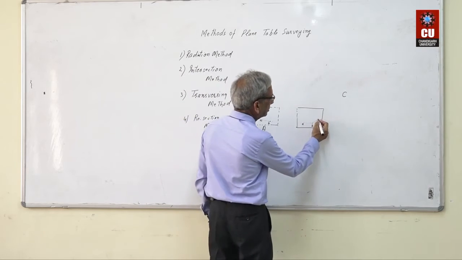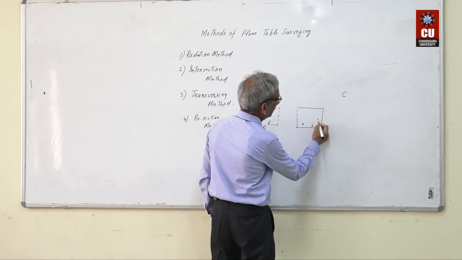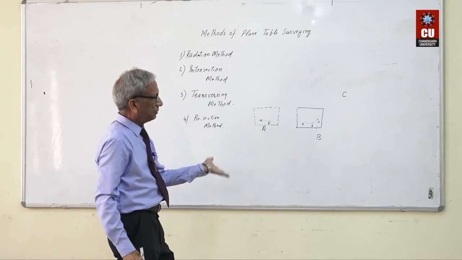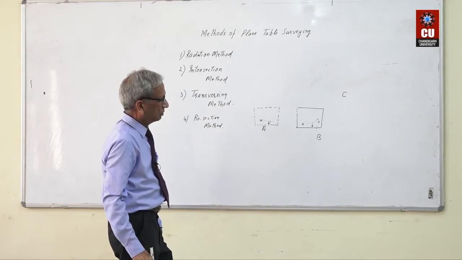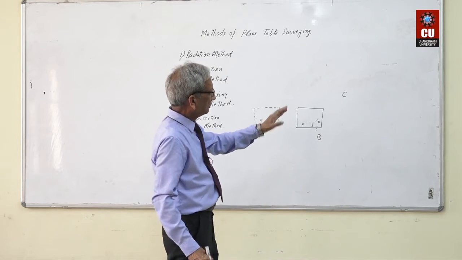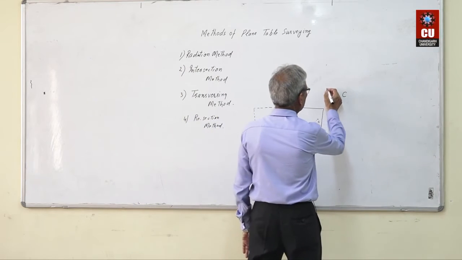Mark this point c on the drawing sheet. When point c has been marked, we will shift the table to C. Similarly, we will mark other points.